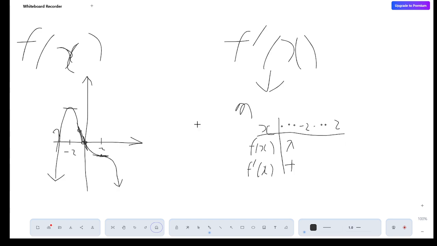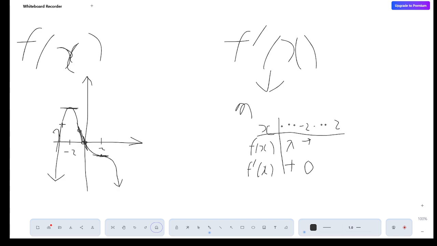However, at x equals -2, when you take the gradient at that instantaneous point, it will be 0. So our function will flatline and our gradient will be 0. Then from -2 to 2, you can see that we have an inflection point. This inflection point is just called an inflection point.